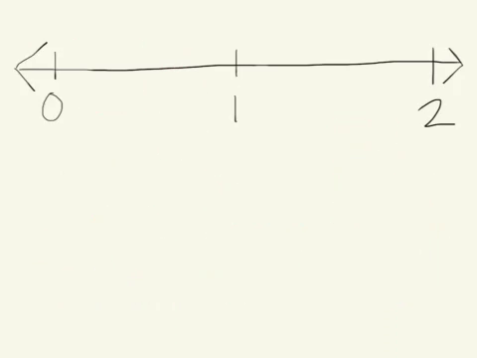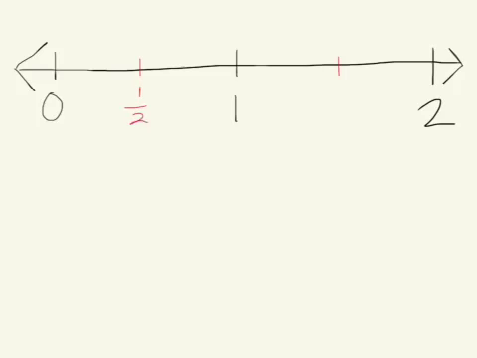Draw the following number line in your how-to books. So this number line shows 0, 1, and 2 as whole numbers. We can add some tick marks at the halfway point between each.